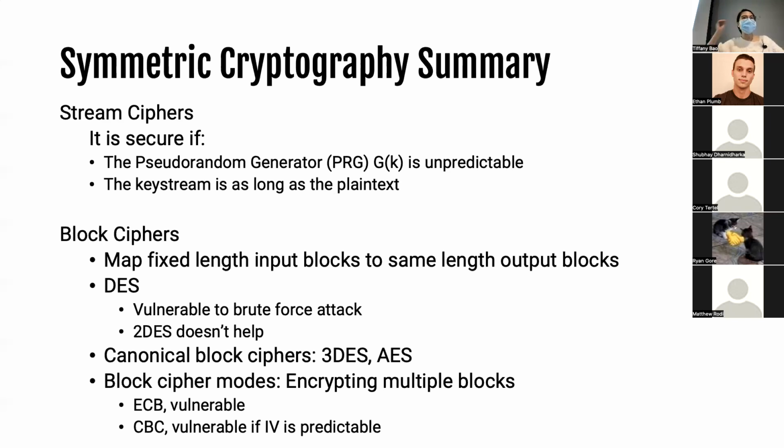Then what about 2DES? What if we just enlarge the key and encrypt twice? It turns out that it does not work, because someone can sit in the middle and do a meet-in-the-middle attack, which is a little more complicated than attacking single DES, but still not complicated enough, and still doable from an attacker's perspective.